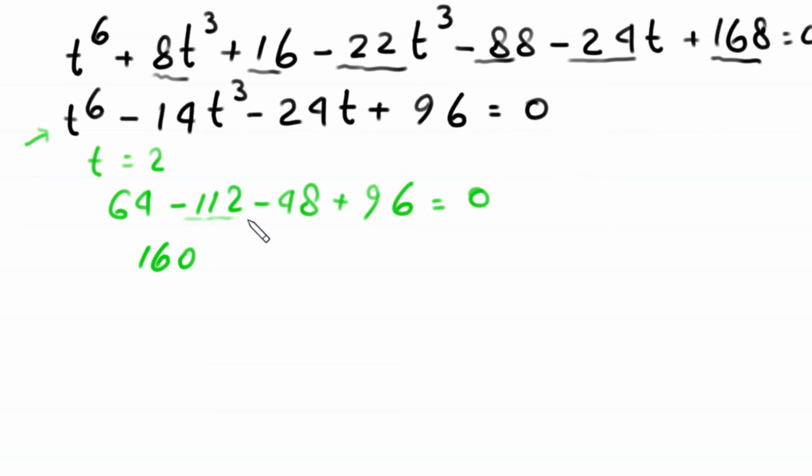Negative 112 and negative 48 will become negative 160, which is equal to 0. It means that t equals 2 is a solution of this equation.